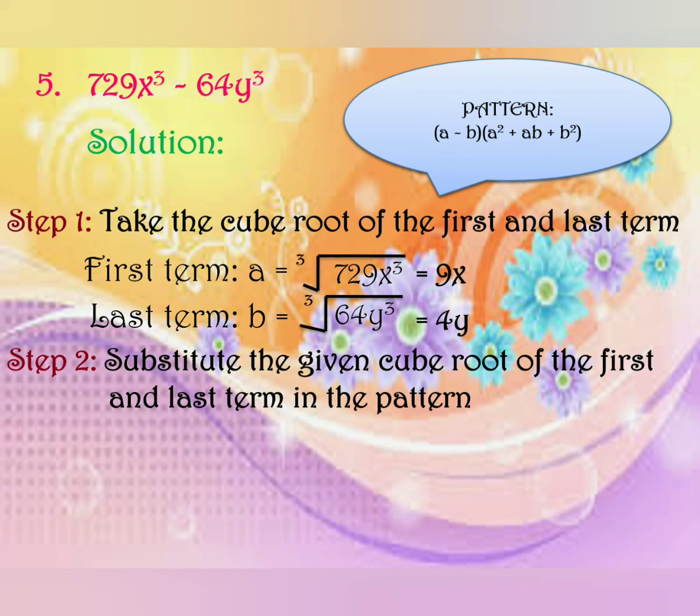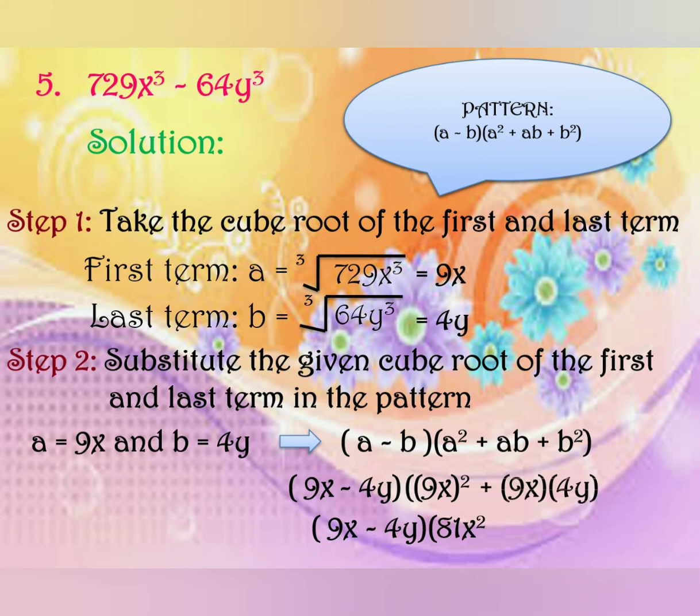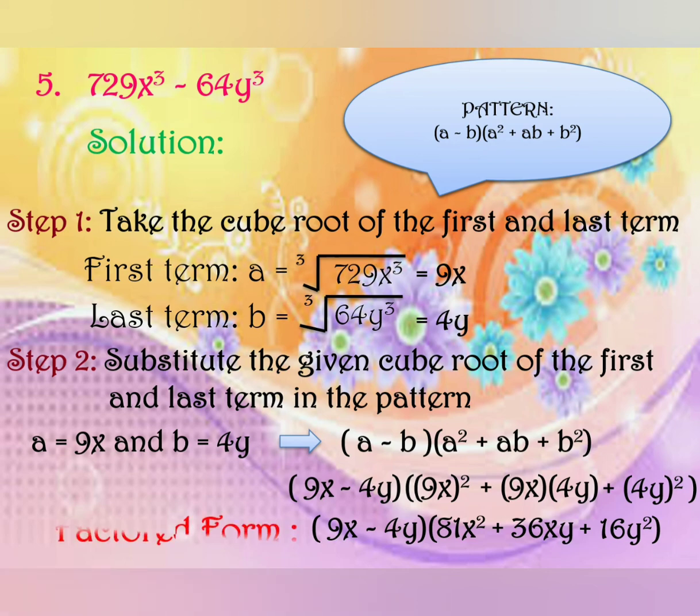Step 2, substitute the given cube roots of the first and last term in the pattern. So we have A equals 9x and B equals 4y. So quantity 9x minus 4y times quantity 9x squared, which is equal to 81x squared, plus 9x times 4y, which is equal to 36xy, plus 4y raised to 2, which is equal to 16y squared.